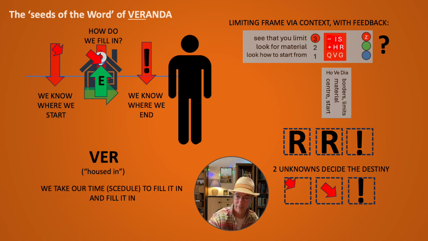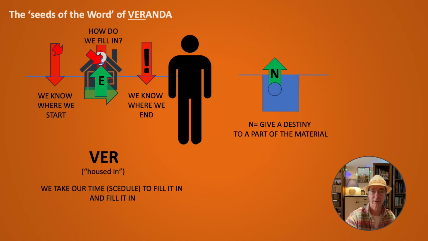You also have ver grammatically, it exists also in grammar, but I'm not going to talk too much about that, but you can investigate that part as well. The second part is an. So let's investigate an. An is, the first letter is the N, so you can find it in my scheme. You give something a destiny, and what do you give a destiny?